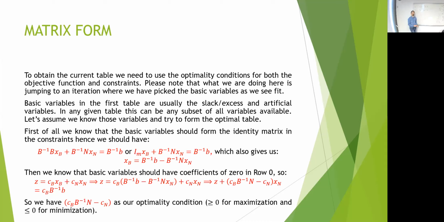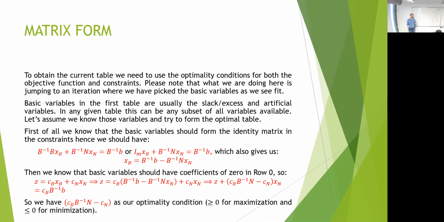What is the coefficients for the basic variables in the constraints? They're always the same. They always have to be the same matrix. I keep saying identity matrix. So this has to be identity matrix. But it's not. It's the B matrix right now. So I have to switch this into the identity matrix.